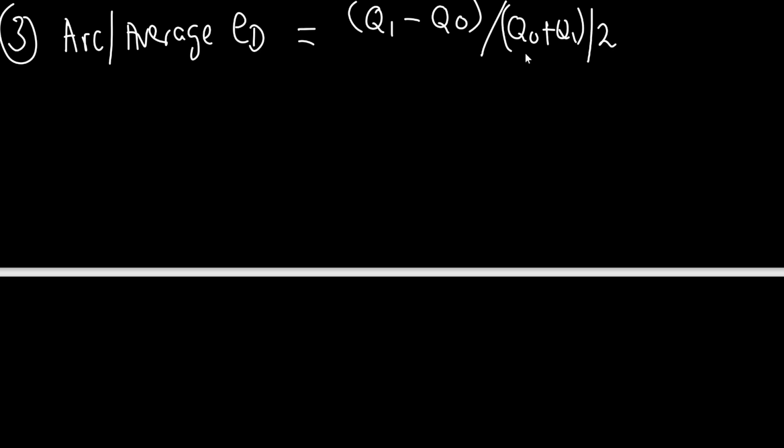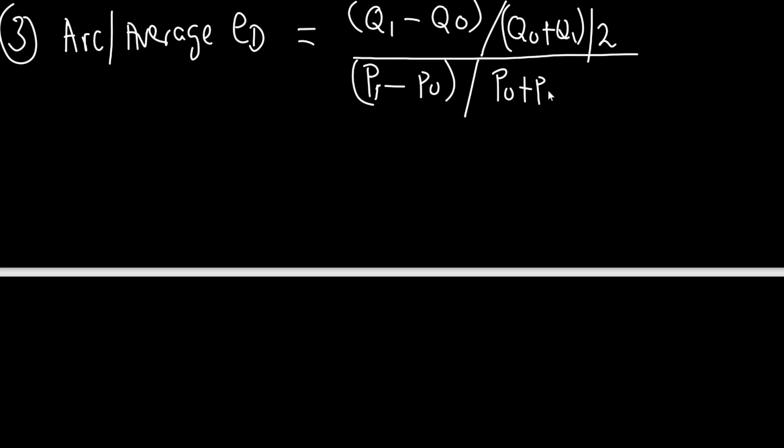That's the average. Then you divide this whole thing by the change in the price, the new price minus the original price, divided by the average price, which is P0 plus P1, that's an average, over 2. That's what it looks like, okay?